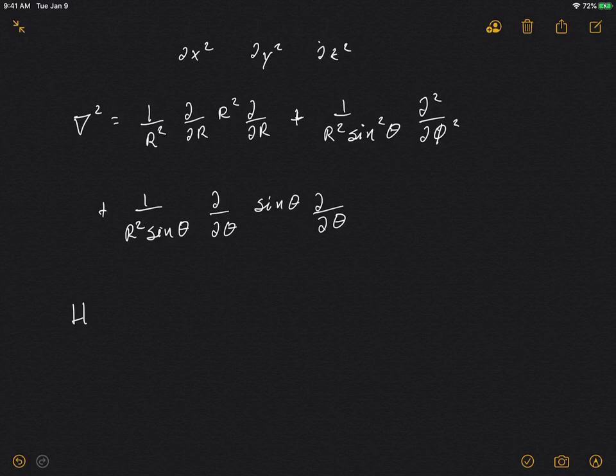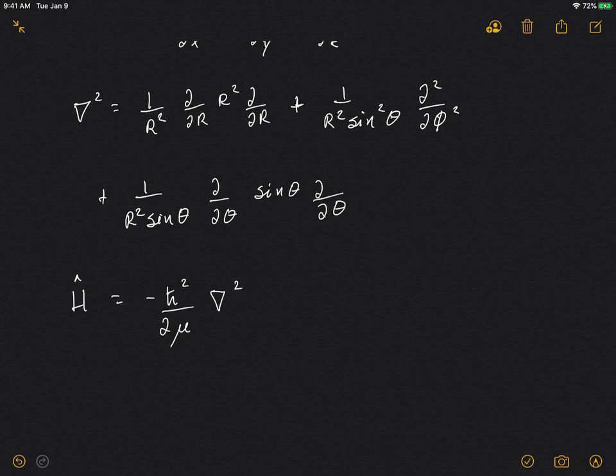There is no potential energy in this system, so our Hamiltonian H is minus h bar squared over 2 mu del squared. And why do I say 2 mu? Oh yeah, it's mu because we're dealing with reduced mass.